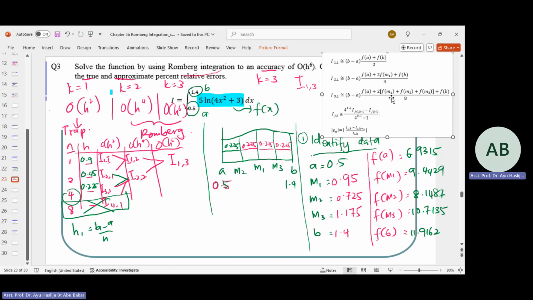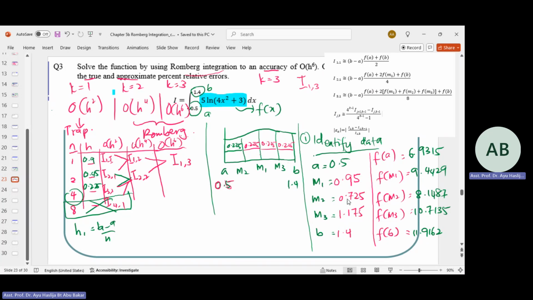That's why I use M, because in the equation it uses M. Then it gives the general equation of Romberg, and also the approximate error Ea. Same equation as you always use previously. Okay, now we go to the next step. I copy this to the next slide.